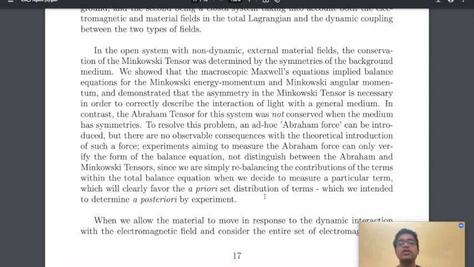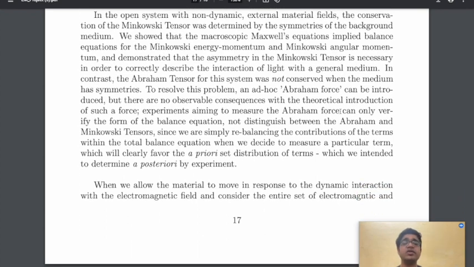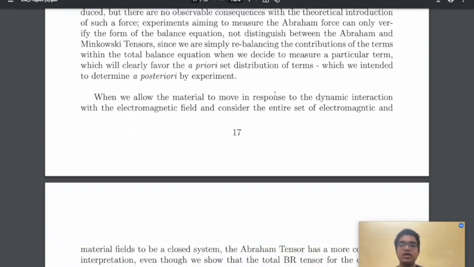So when you say you're going to measure the Abraham force, you've already a priori done this shifting of the weightage between the terms, and that is why when you do this experiment, you are going to get your Abraham tensor, but it's not going to exclude the Minkowski tensor because you did this shifting around of the weights in the terms a priori and not a posteriori by experiment.